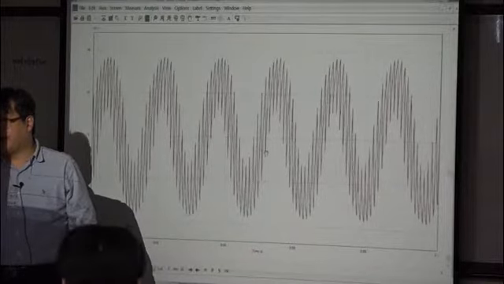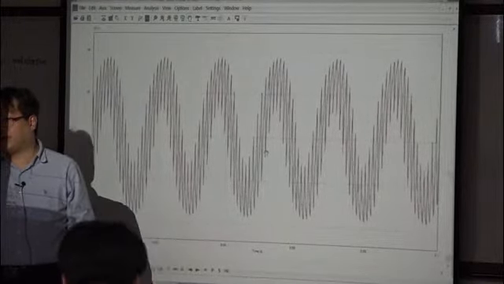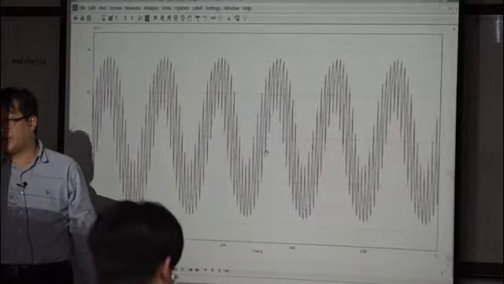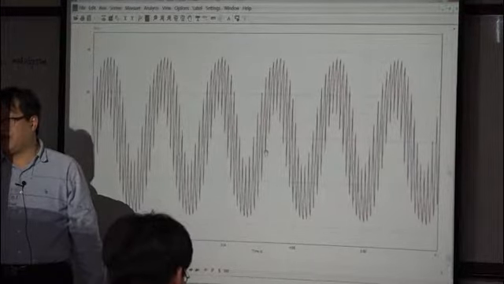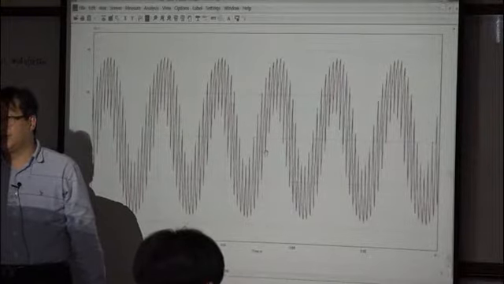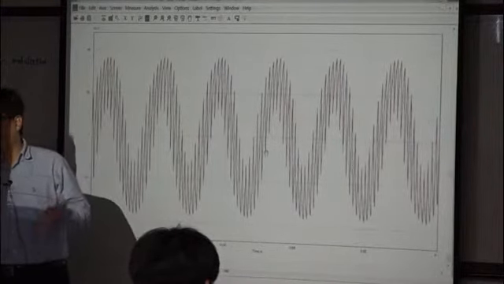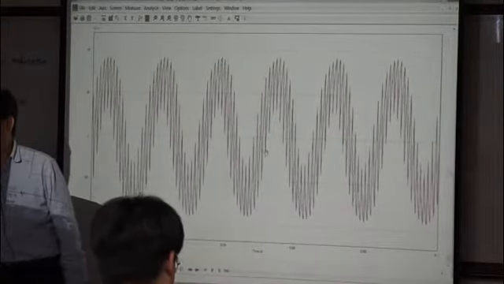What is the value? Current in RMS? 50 over 2.5 is 20, right? Then your RMS current is 20 ampere, right? Then 50 multiplied by 20 is 1 kilowatt. So in this case, you transfer your power from DC to AC with 1 kilowatt, right?